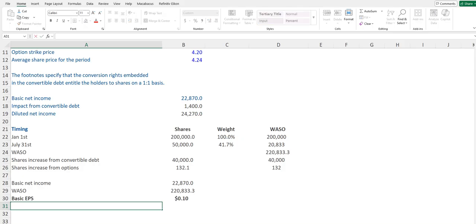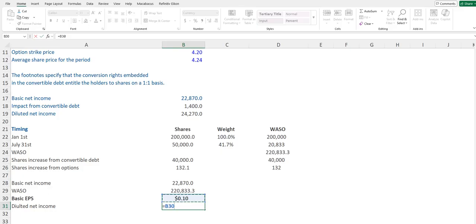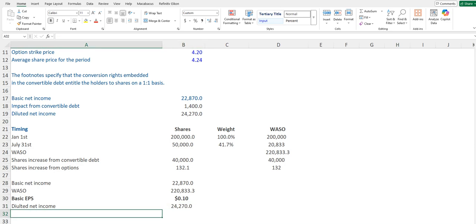And then if we keep going, here's the diluted net income. We bring down that diluted net income that we just calculated. And then here's the total, I would say total diluted shares.